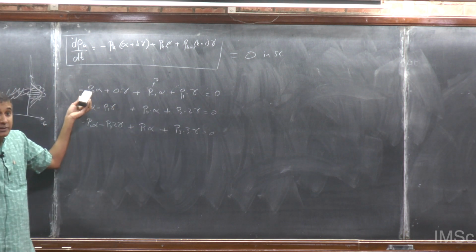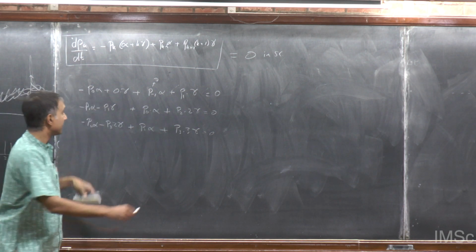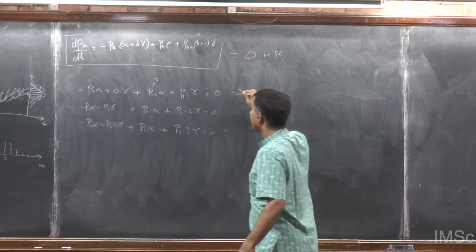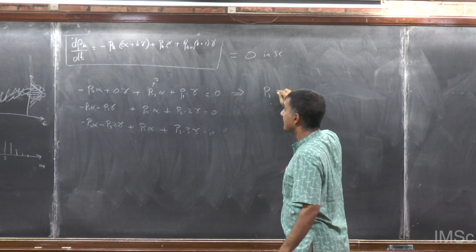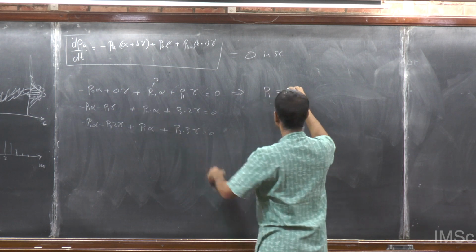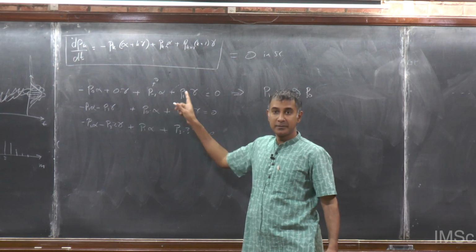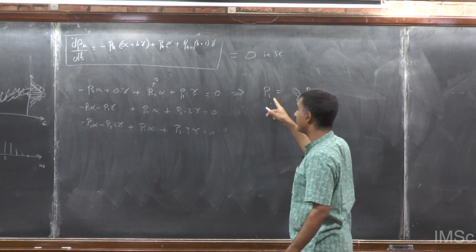Let's keep p0 as unknown. We don't know how many cells have 0 mRNA, and try and calculate p1 from that. So from this equation, we find that p1 is equal to what? Alpha over gamma p0. Isn't that right? Okay, so we know p1.